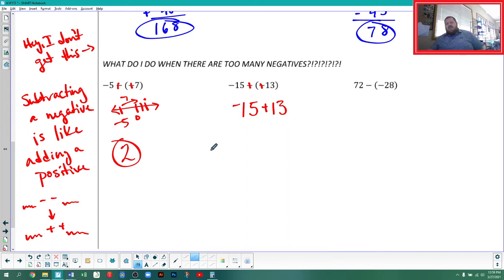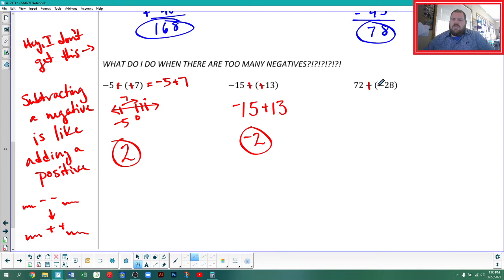So when we're adding numbers with different signs, we subtract them and keep the sign from the bigger one. We did that same thing back here, but this turned into 5 plus 7. We subtracted those. 7 minus 5 is 2, and kept the sign from the bigger one. The bigger one was positive, so it was positive 2. This one, we subtract them. 15 minus 13 is 2, and the bigger number is 15. It's negative, so we have negative 2 as an answer.